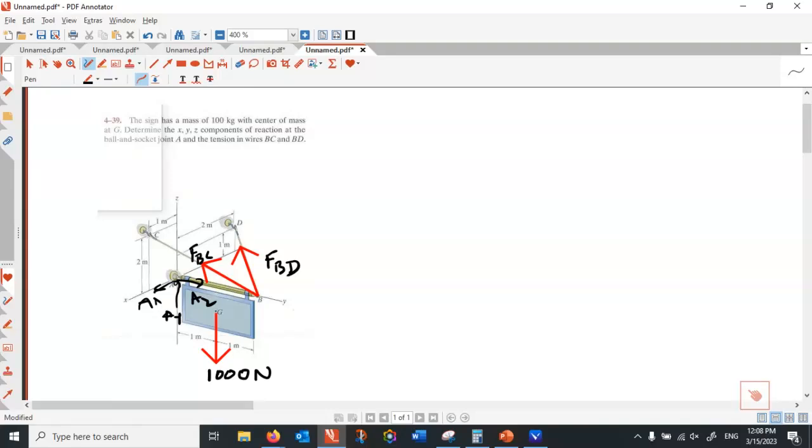Or how can this be done? Well, first you have to write the forces in vectors, and you have to write the position vectors. Then you apply net forces equal to 0. You apply net rotation equal to 0.